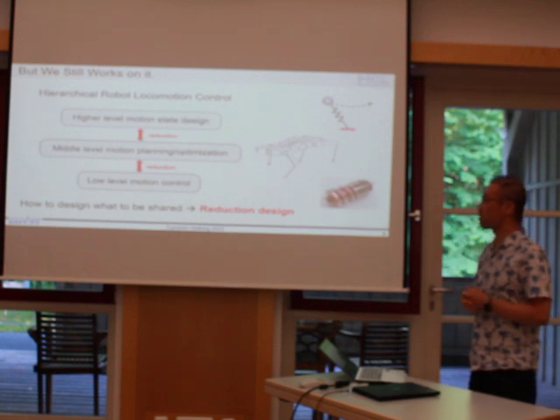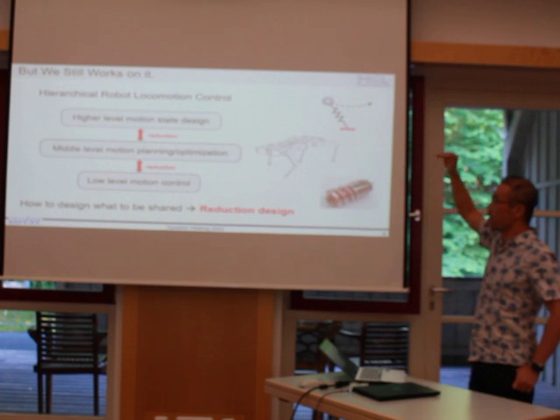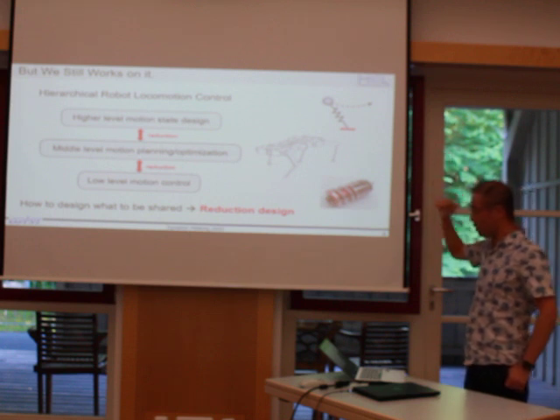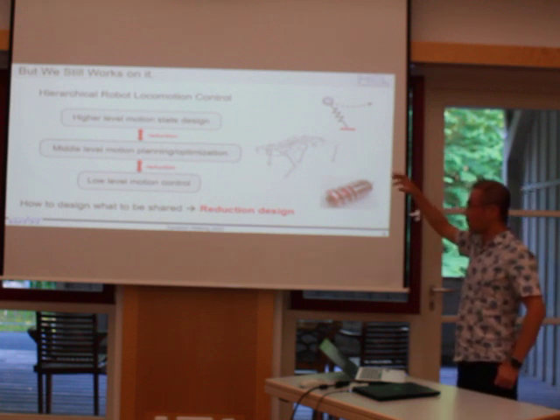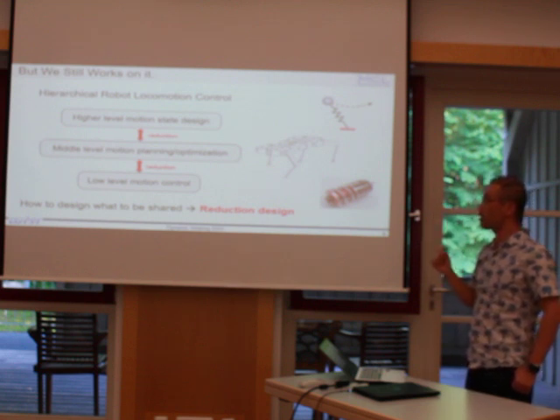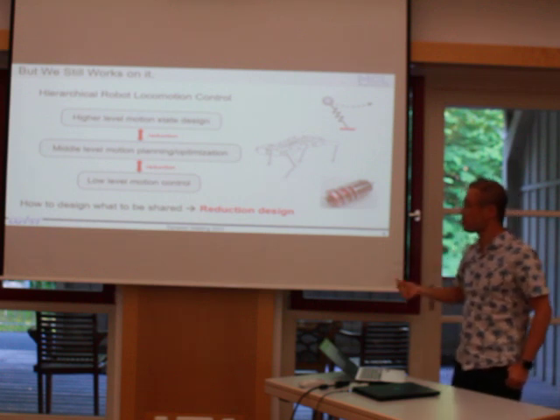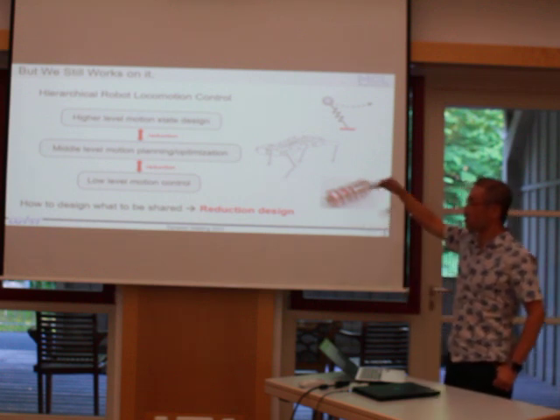Many people here do this kind of hierarchical robot locomotion control, so we have high level, middle level, and low level. But for me, the most important thing is what signal, what dimension, what dynamics, what equation should be shared among these layers.